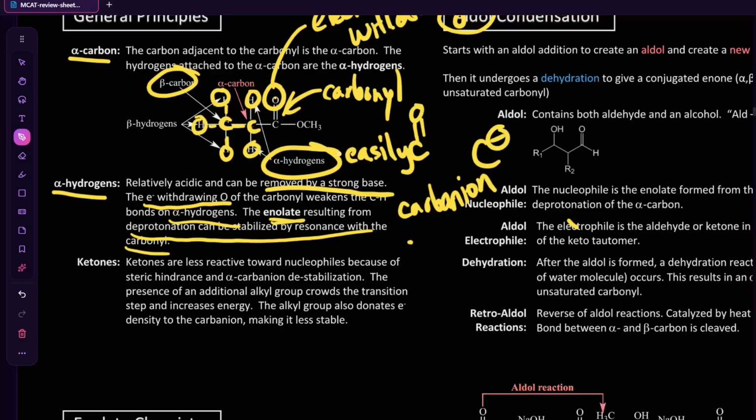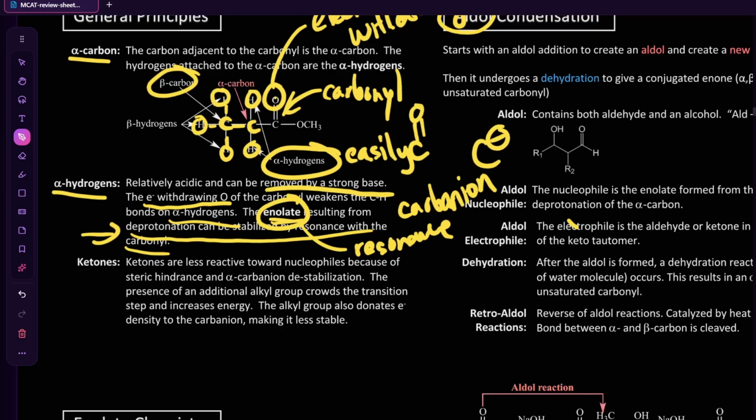And you're left with this carbanion, and it doesn't just sit there exposed like that. It can resonate with the adjacent carbonyl, delocalizing the negative charge. So this is what we mean by the deprotonation being stabilized, and that resonance stabilized species is called an enolate. All right, so that's good.